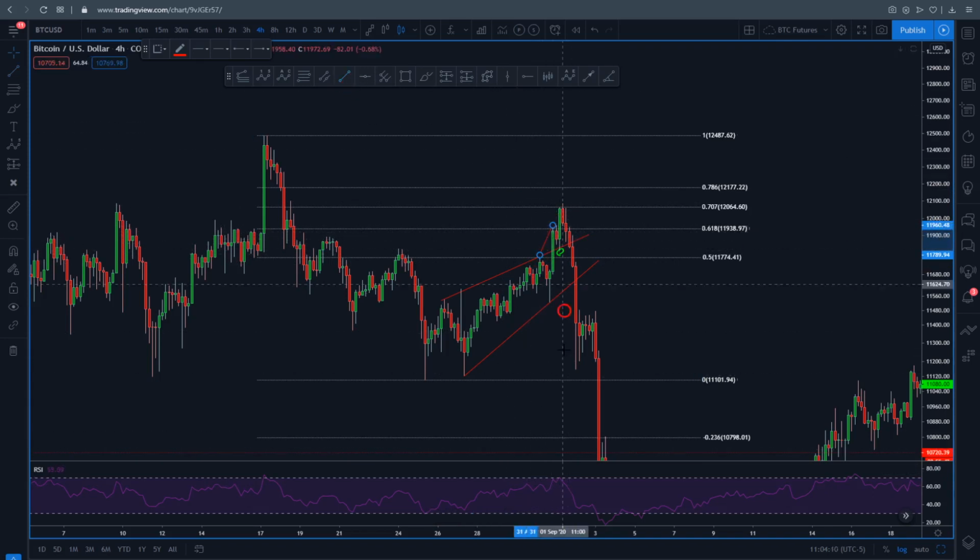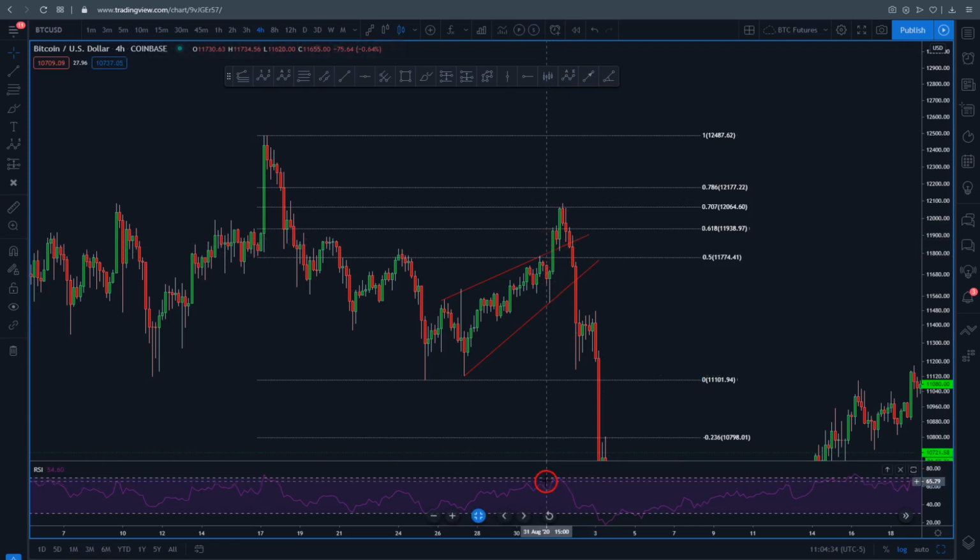Between those two highs right there, we actually did not have a bearish divergence. We made a higher high in the RSI as well. So we didn't meet any of the criteria here. Well, we met the criteria that we hit the 618, but we didn't have a bearish divergence, and this red candle did not close back within this channel. So we would have not entered yet on that.